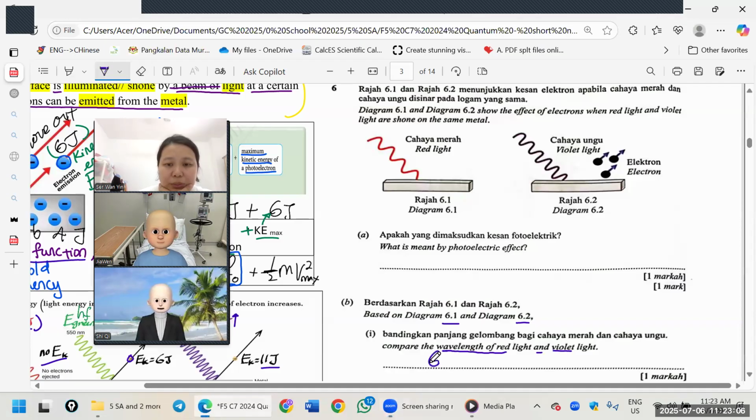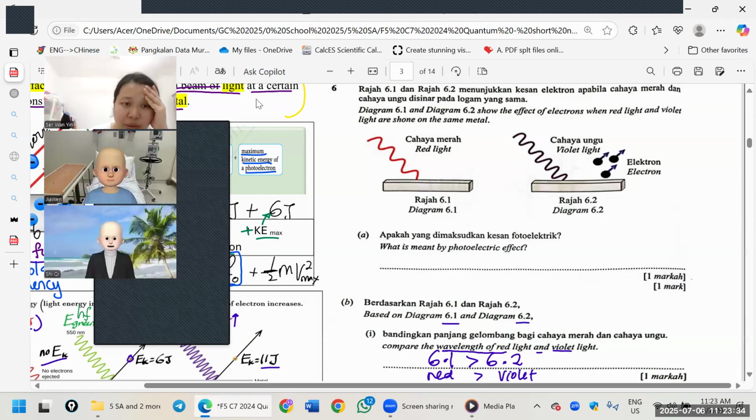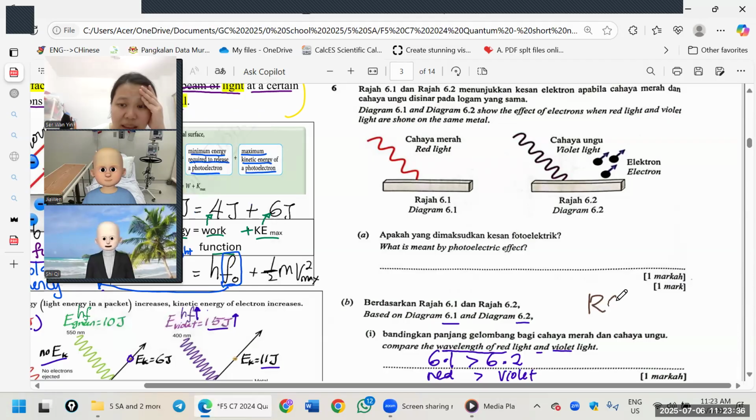Okay, yes, 6.1 is bigger than 6.2. Can I write this in the exam? Yes, only for questions 5 and 6. Number 11, do not write this. So we say the red wavelength is bigger than the violet wavelength. This is what I asked you to memorize.